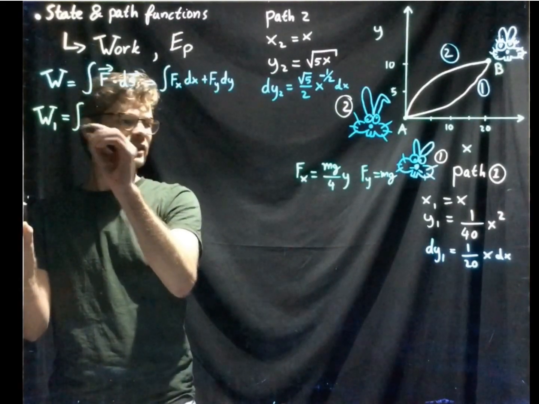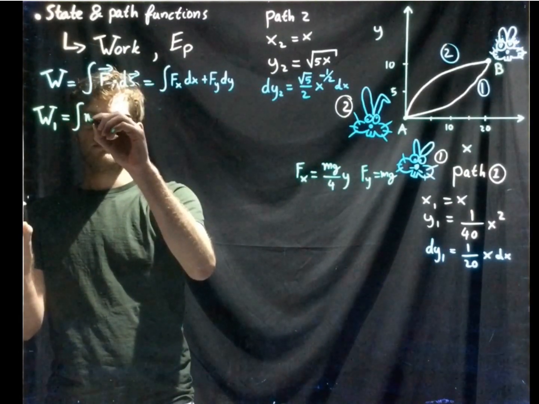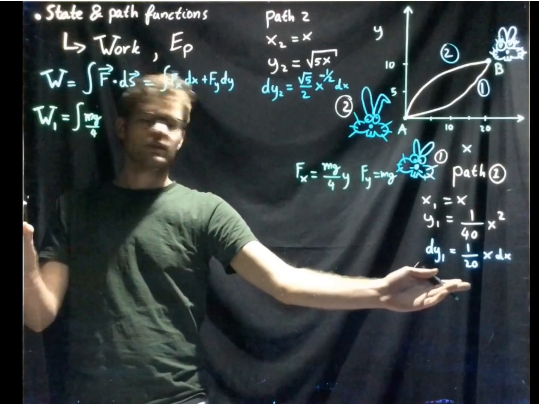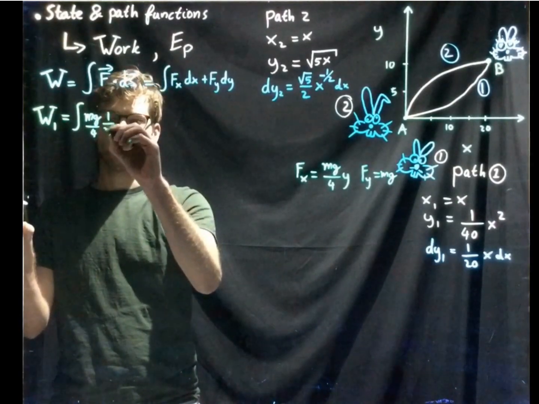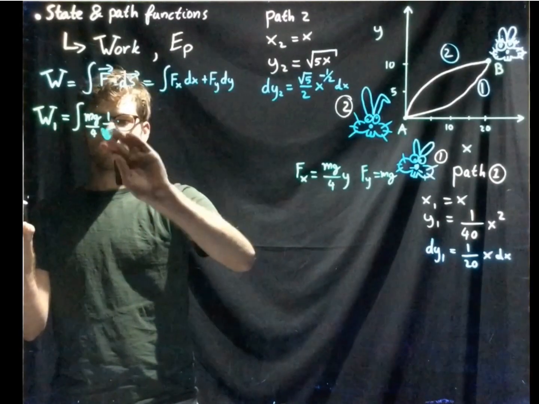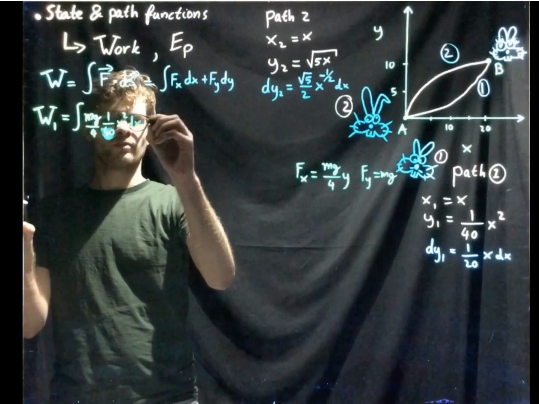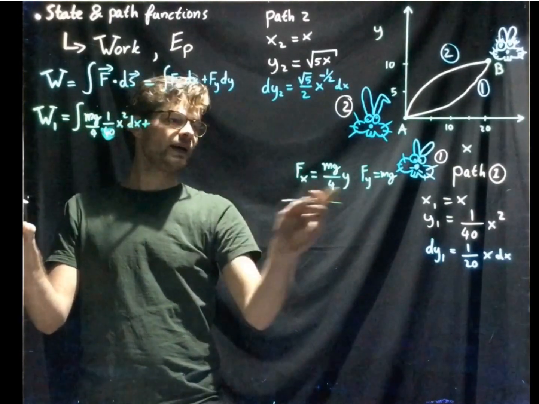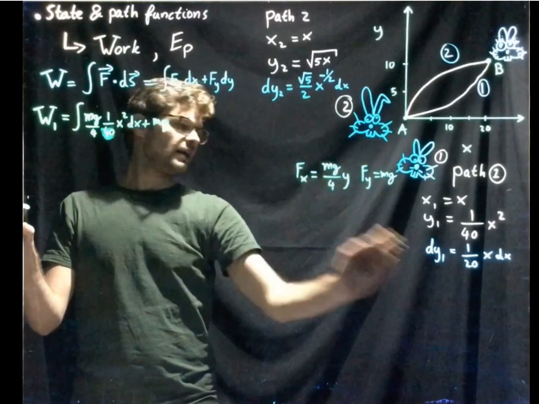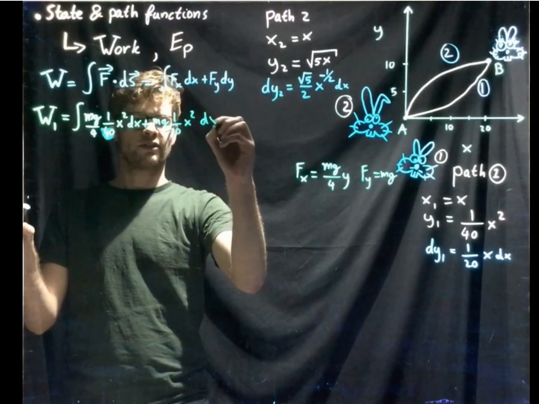It's mg over 4 times y, and we're looking at rabbit 1, so 1 over 20 x squared, 1 over 40 x squared dx, apologize, plus I will substitute dy, mg, and dy1 is 1 over 20 x dx.